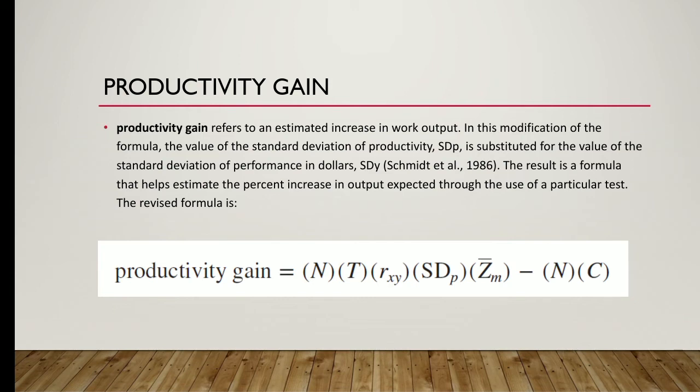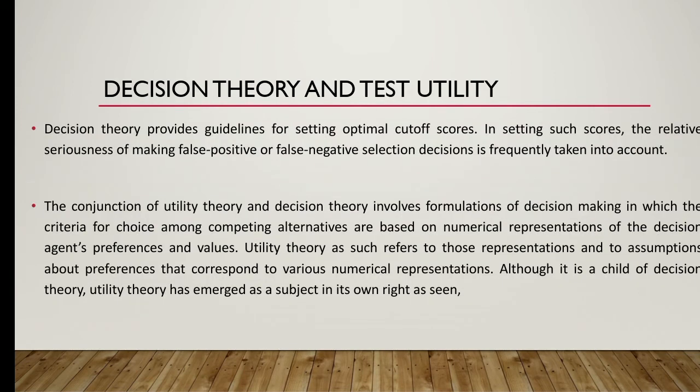Next slide would be decision theory and test utility. Decision theory provides guidelines for setting optimal cutoff scores. In setting such scores, the relative seriousness of making a false positive or false negative selection decision is frequently taken into account.